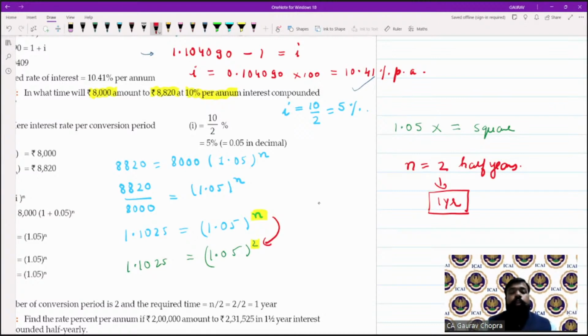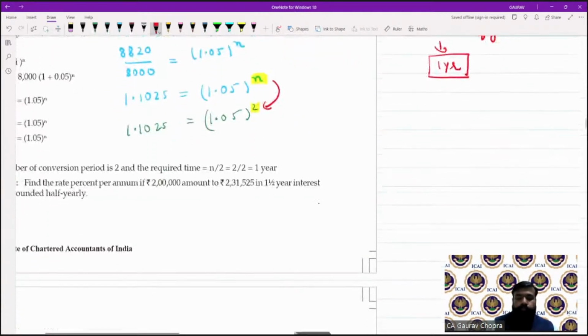So at last, you have to be very careful while selecting the option.